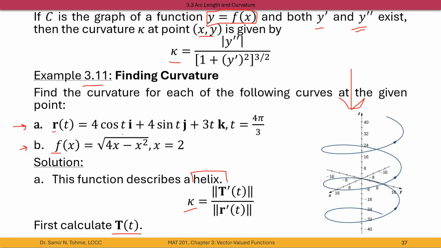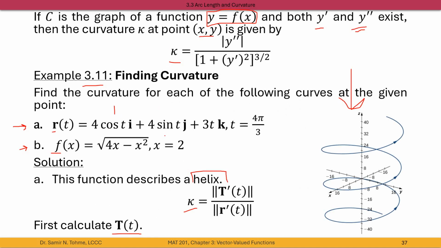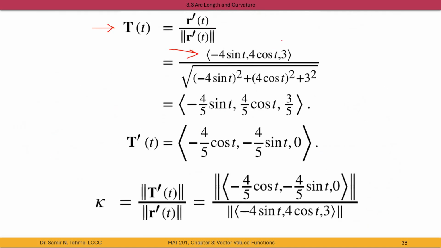Let's do the derivative of r. The derivative of r is given by this one. We discussed how to do the derivative of the cosine and the sine, and the derivative of 3t is 3. And divide by the magnitude of r prime.